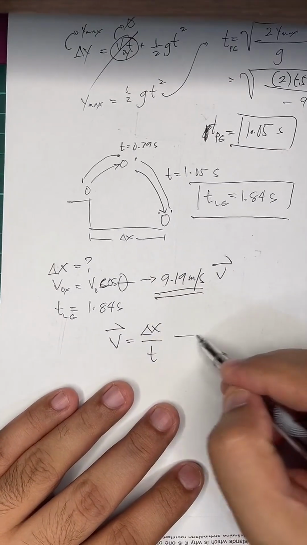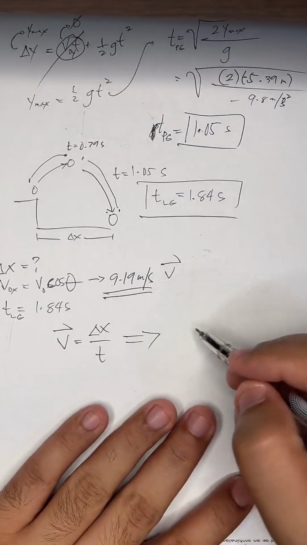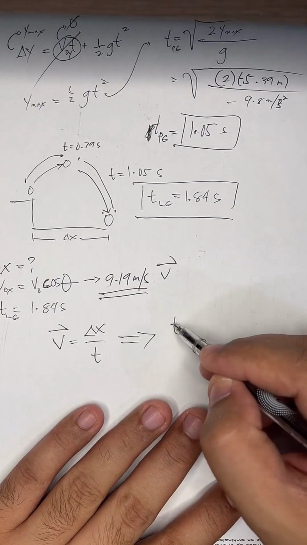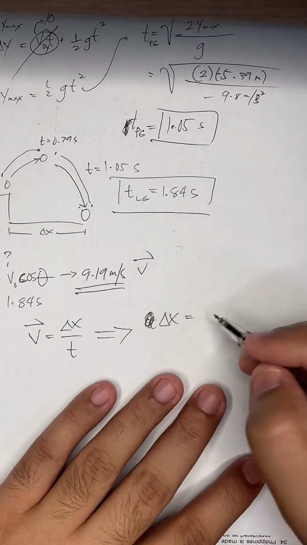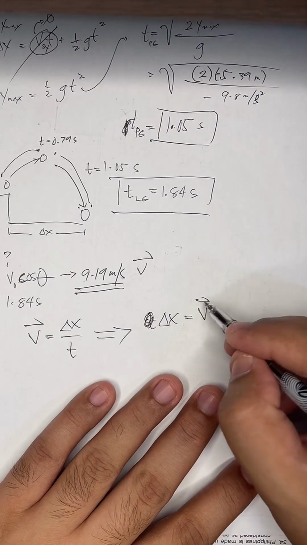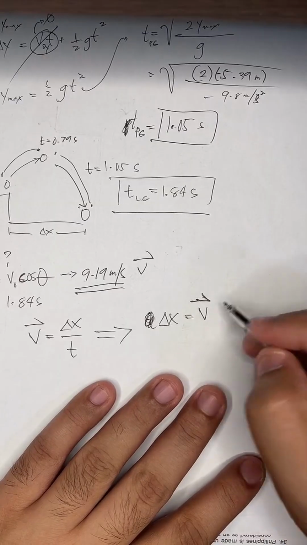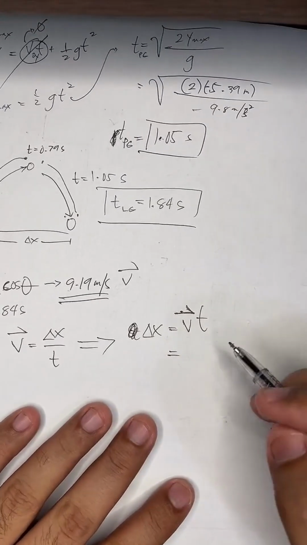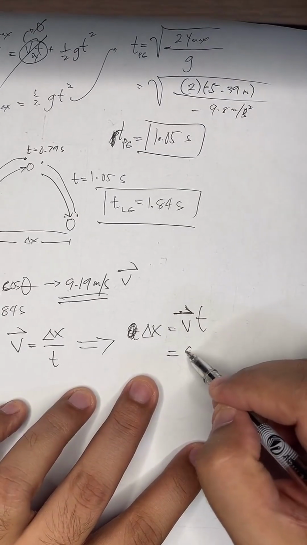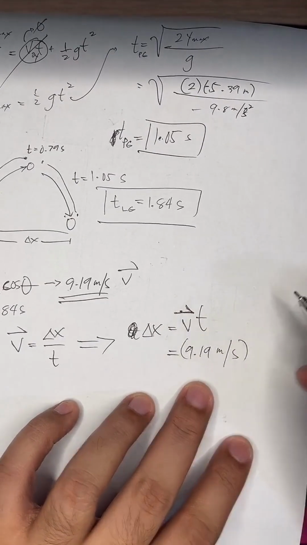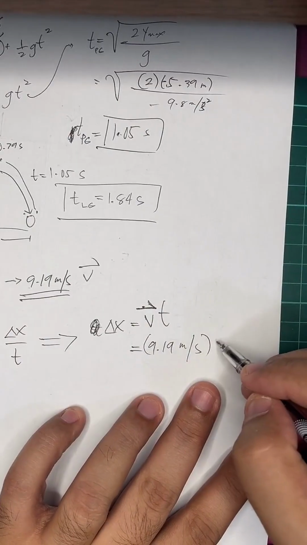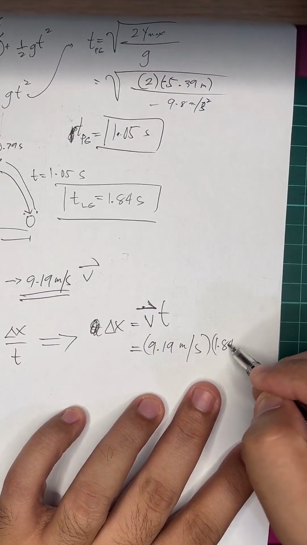Simple algebra would tell us that delta x equals average velocity times time, which is 9.19 meters per second times 1.84 seconds.